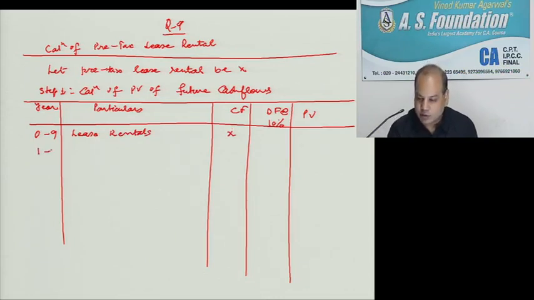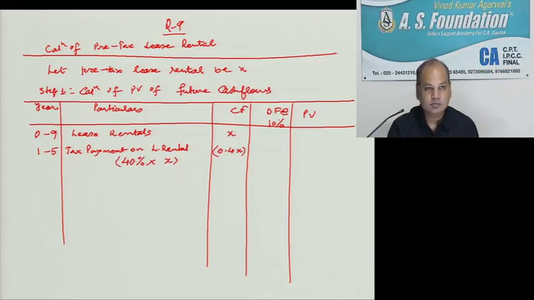Then 1 to 5, tax payment on lease rental. First 5 year, what is the tax rate? 40% of X, 0.4X. Is it right?